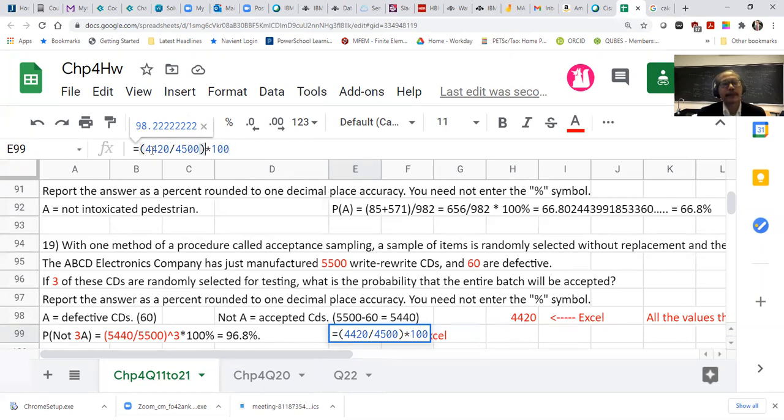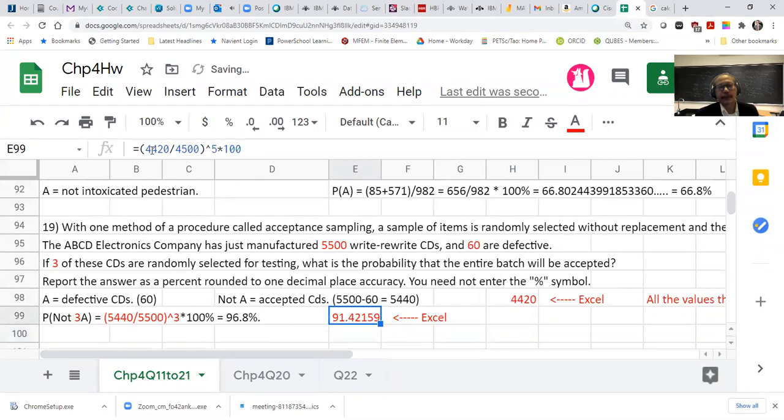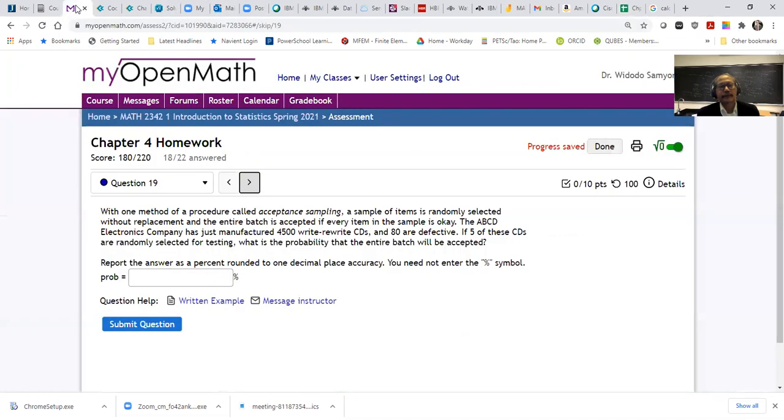But you have 5 CDs, so you need to put the power of 5 here. So the answer will be 91.4, right? 91.4. Okay.